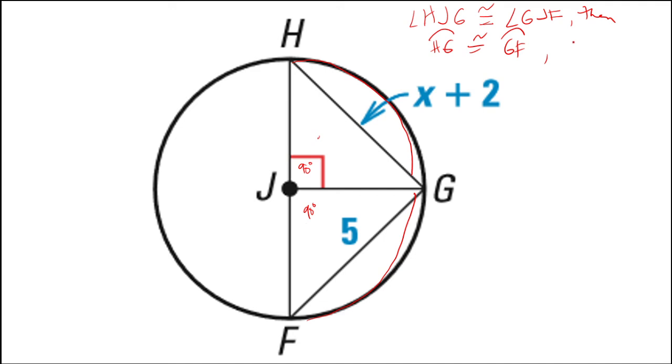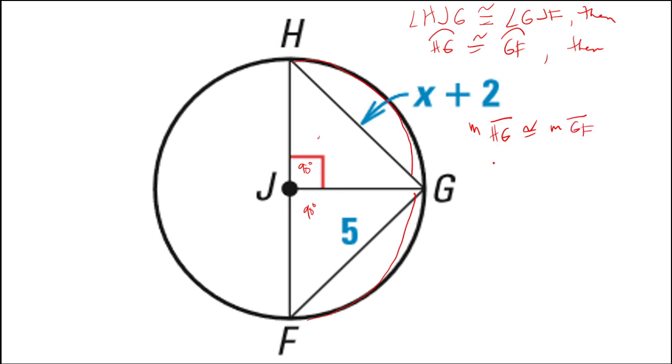If arc HG is congruent to arc GF, then the measurement of chord HG is also congruent to the measurement of chord GF. Okay?